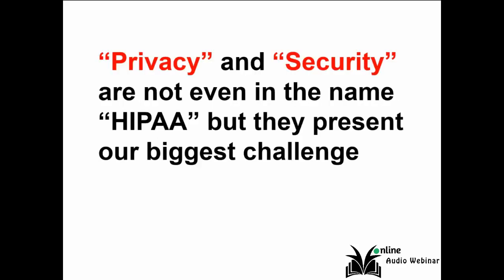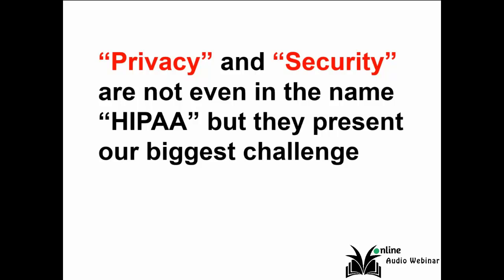What's the difference in privacy and security? The privacy rule deals with protected health information in any form, paper, electronic, verbal. The privacy rule is very analytical. The security rule, though, deals only with electronic protected health information. The security rule is not analytical.